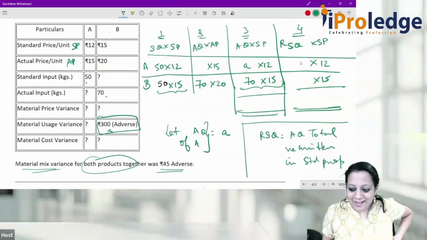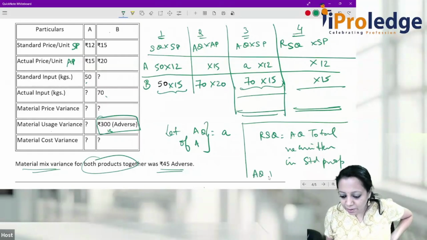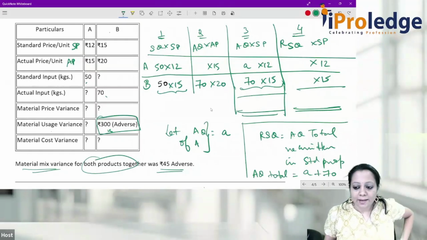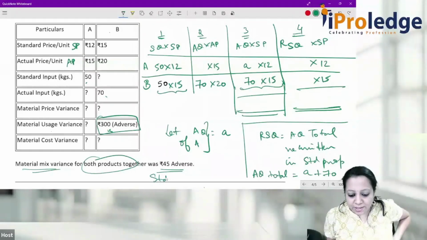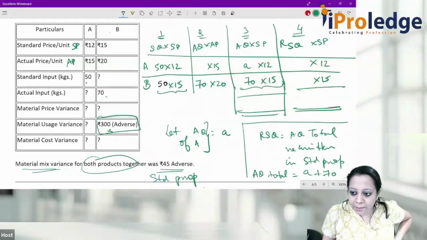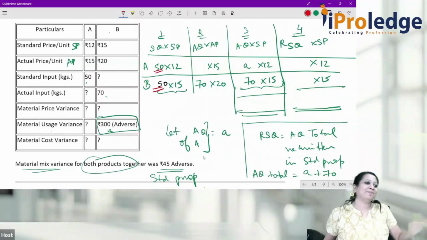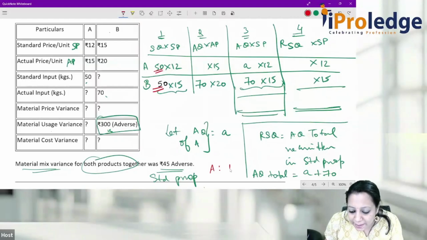Actual quantity total is going to be A plus 70. Now, what is the standard proportion? Standard proportion is going to be 50 for A and 50 for B, that is 50-50 percentage. One by 2, 1 by 2, we can say 50%, 50%. So A is to B is equal to 50% is to 50%.